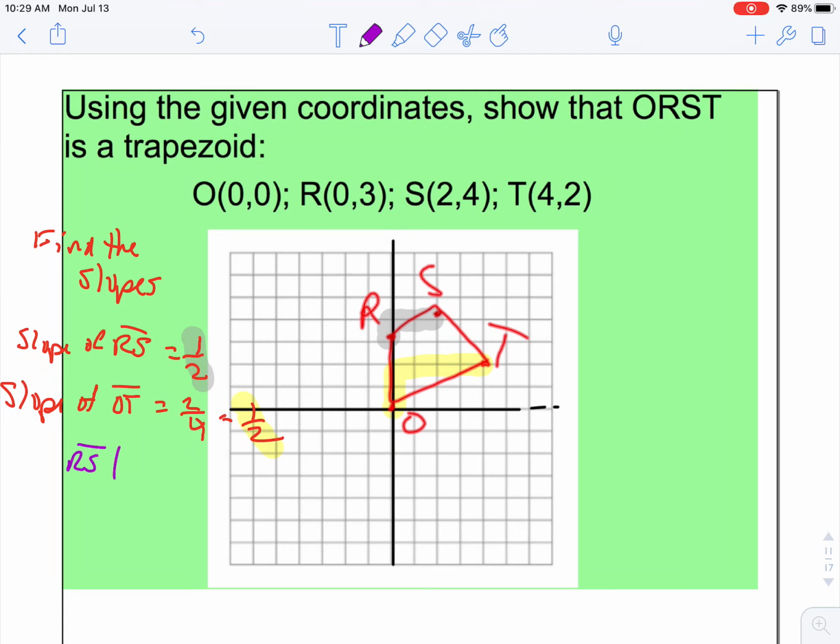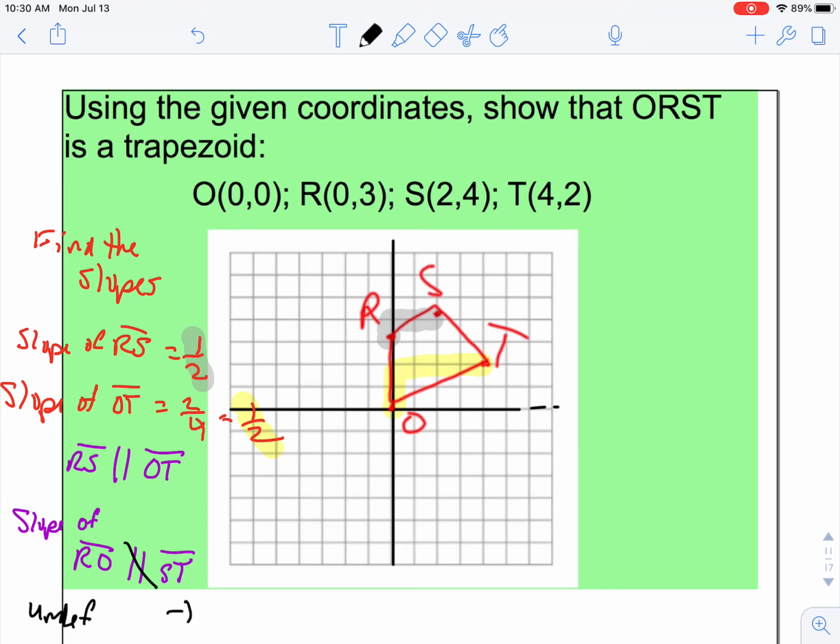So what we found so far is that RS is parallel to OT, which makes it a trapezoid as long as the slope of RO is not parallel to the slope of ST. The slope of RO is undefined, and the slope of ST is -1.